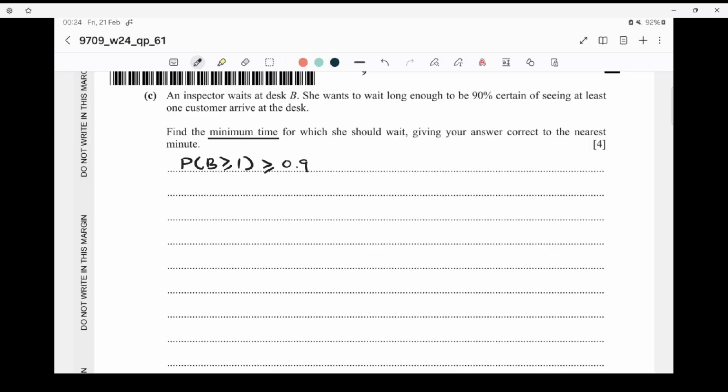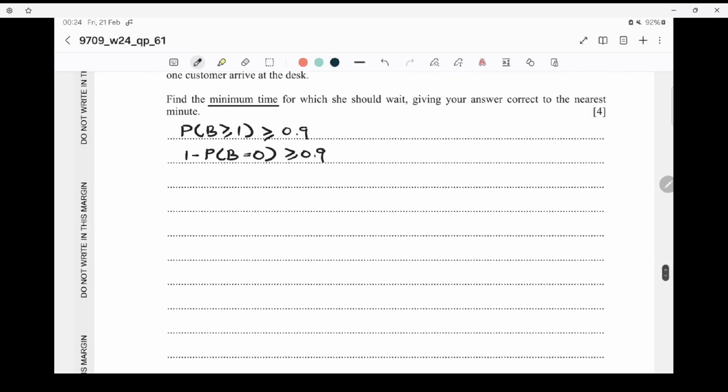So over here, the left side, this is 1 minus P(B equals to 0). And you slowly break it down.